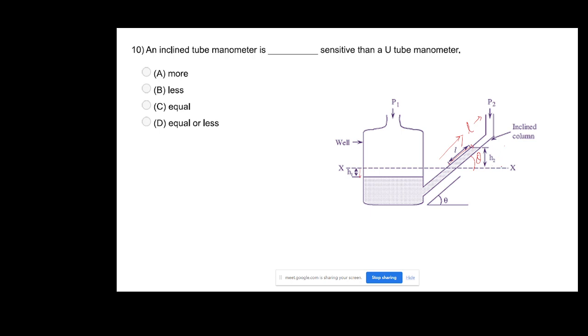suppose if you have just a vertical manometer, then it will be represented by h2. However, since there is some theta, then if this is x, sorry, then sine theta will be h2 by L. So the length here will be magnified, because it will be h2 by sine theta, and since sine theta is always less than 1, this ratio will amplify.